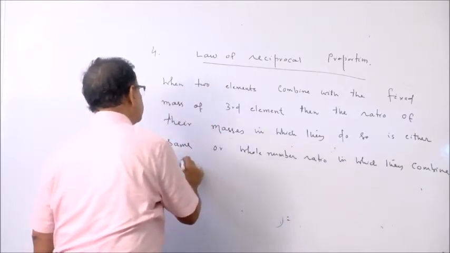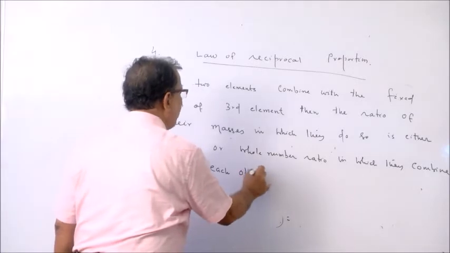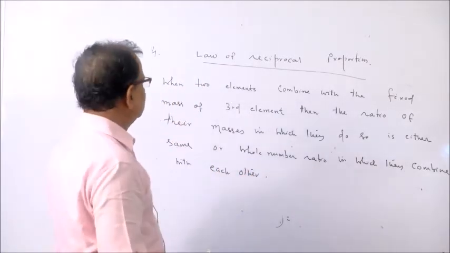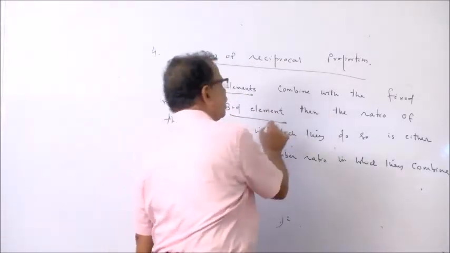Let us discuss this. Here we need three elements: two elements, and a fixed mass of a third element.